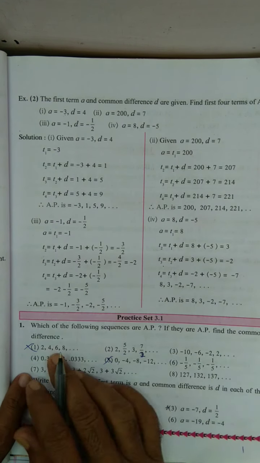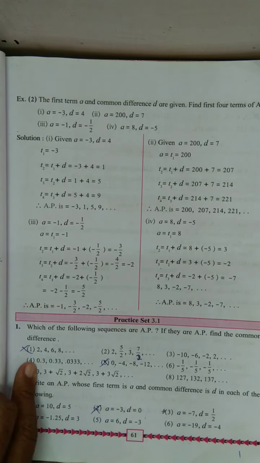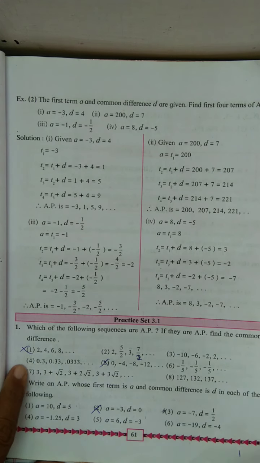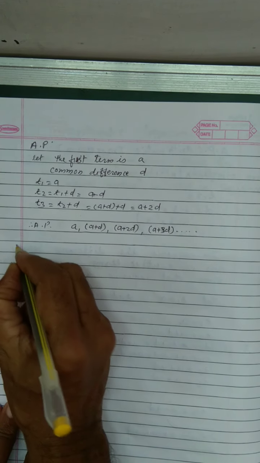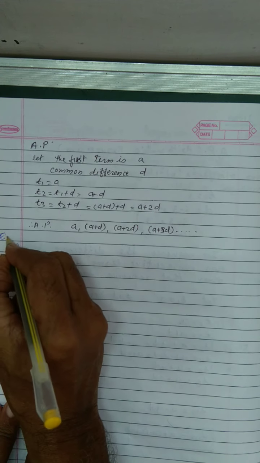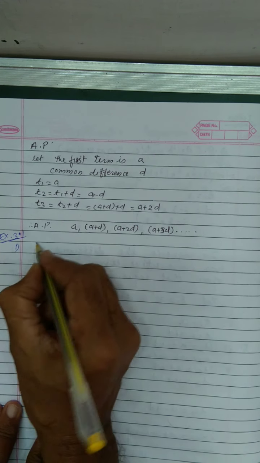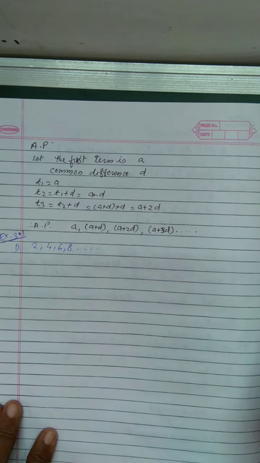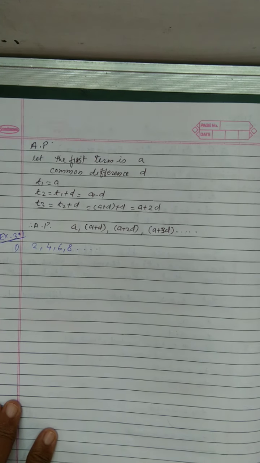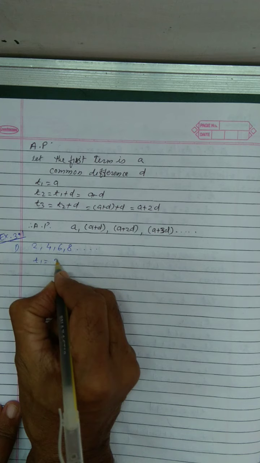Let us take the first example, exercise 3.1: 2, 4, 6, 8, and so on. Here the first term, T1, is given as 2.